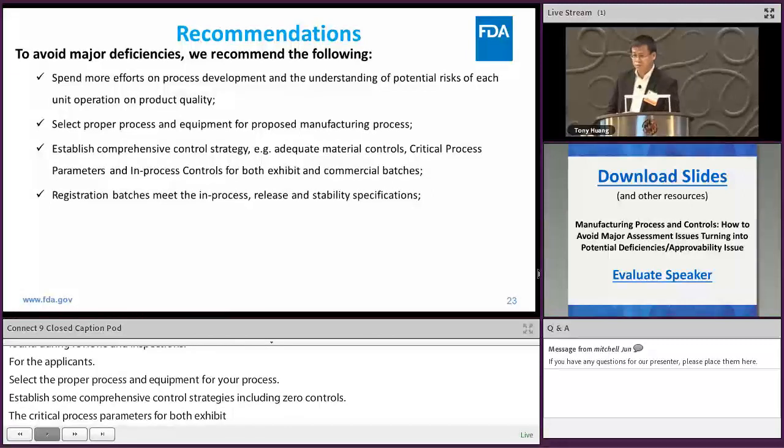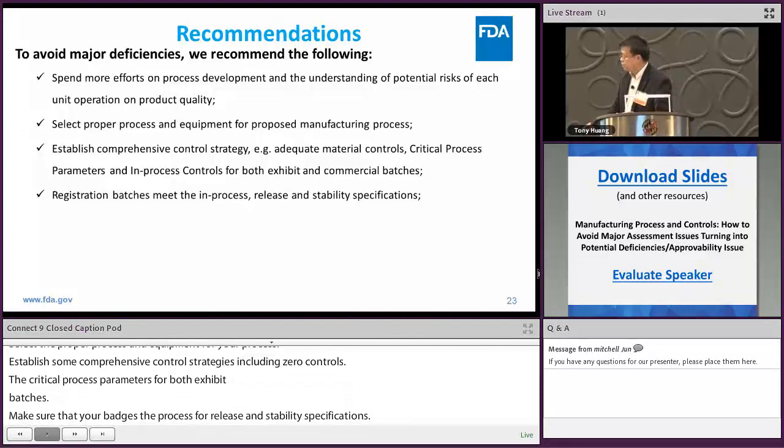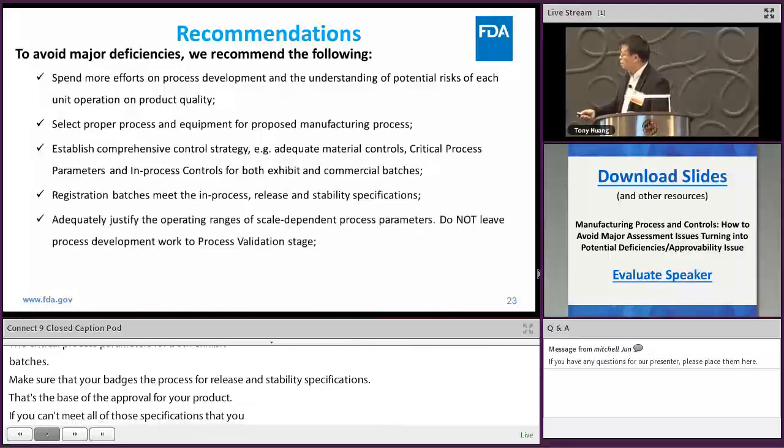That's the base of the approval for your product. If you cannot meet all those specifications you proposed, you will definitely get something, very likely a major deficiency from us. Adequately adjust the operating ranges of scale-dependent process parameters.